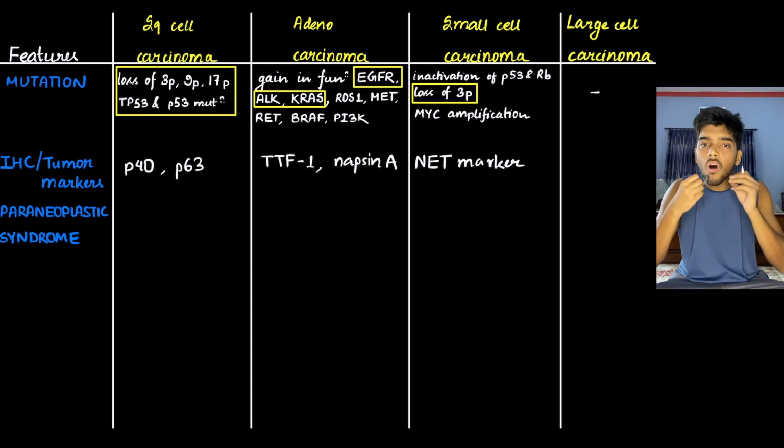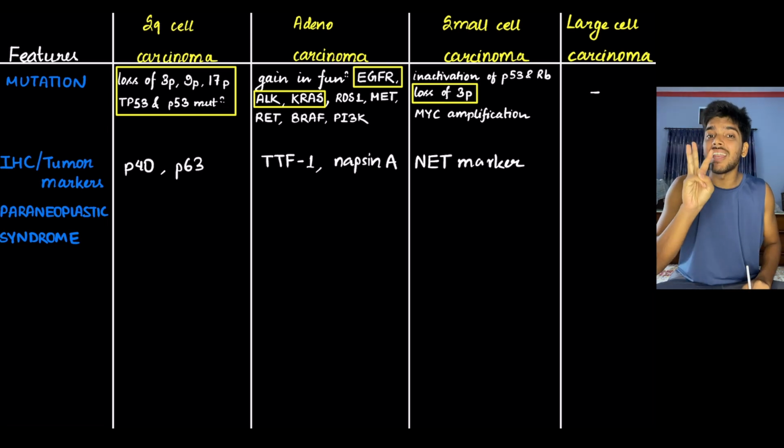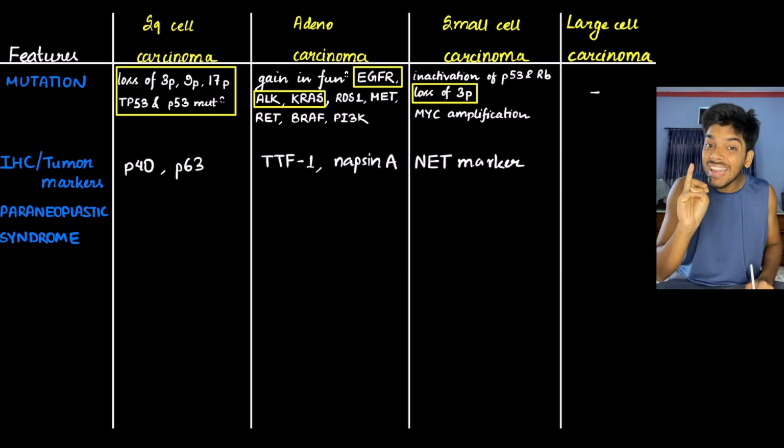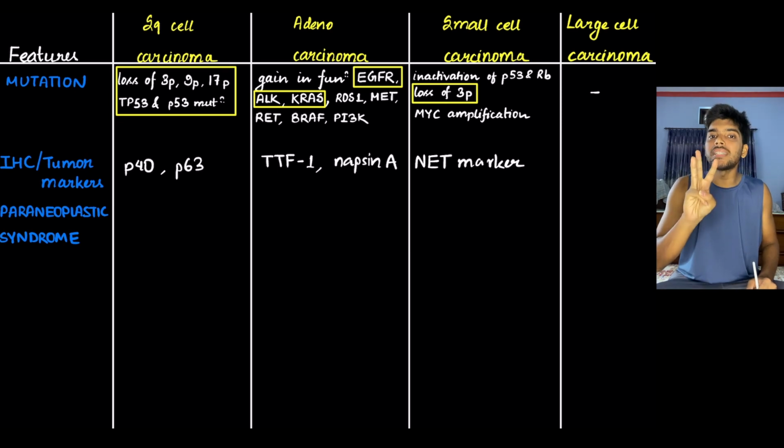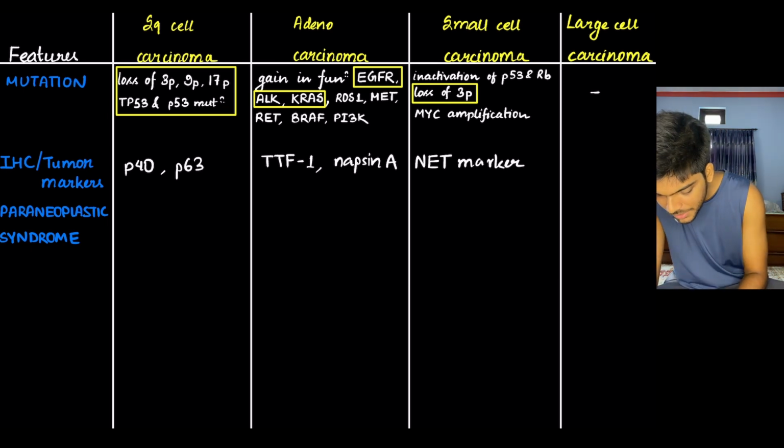It's the same for all neuroendocrine tumors. The 6 markers are 3 Ins: synaptophysin, chromogranin, and bombesin, and 3 letters and numbers: NSE, CD56, and CD57. Good. Large cell carcinoma.